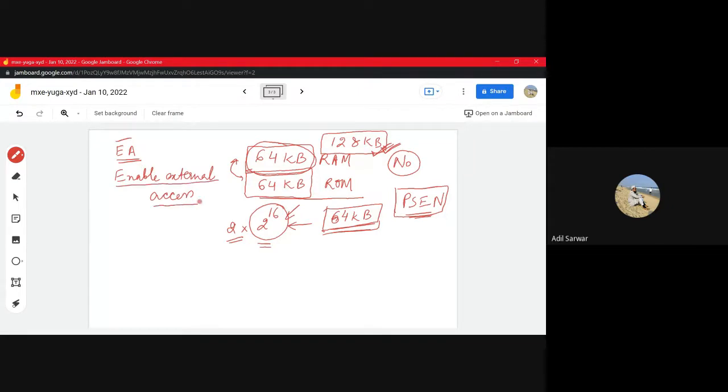So I told you that there are 128 bytes of RAM and 4 kilobytes of ROM as internal memory in 8051.